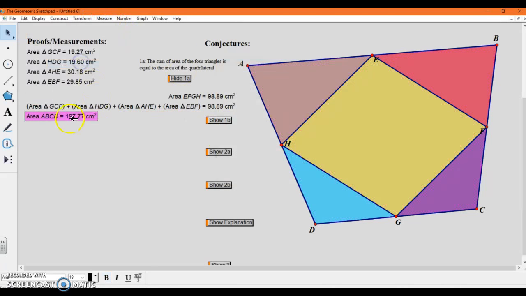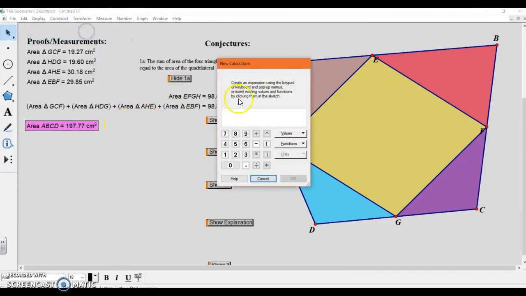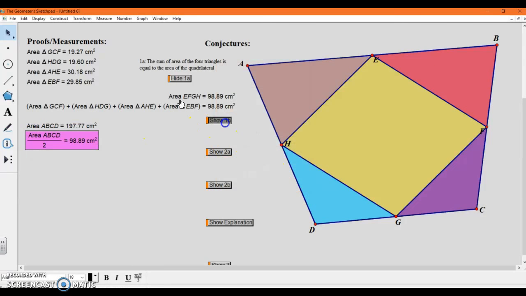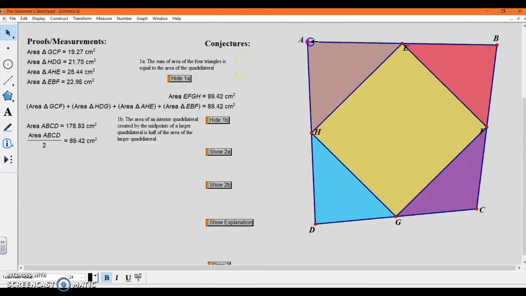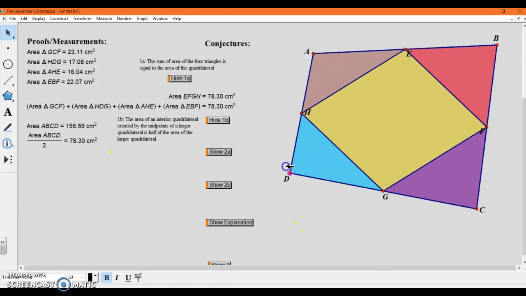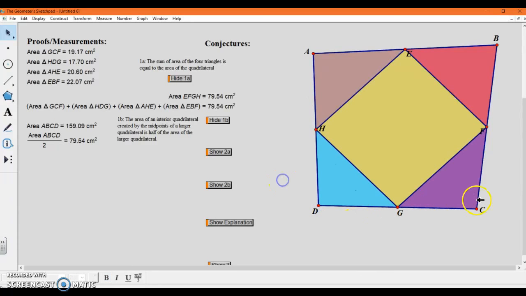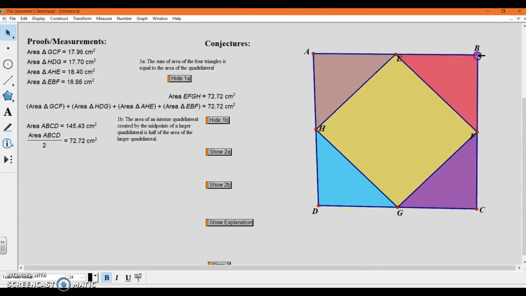So we're going to measure the area of the whole quadrilateral and then calculate half of it to discover that the area of an interior quadrilateral created by the midpoints of a larger quadrilateral is half the area of the larger quadrilateral. This is true no matter what direction you drag your points in.